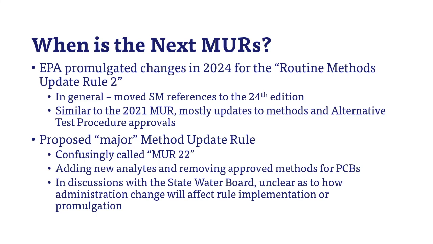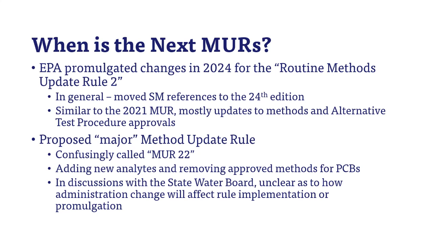So for those of you who do dioxins testing, one of the ATPs is utilizing an instrument other than a high-res GCMS, which could be great, right? It might have more folks doing dioxins testing and might make it a little bit easier. But in general, this rule moved all standard method references to the 24th edition. So, personal recommendation, if you don't have a copy of the 24th edition, grab one.